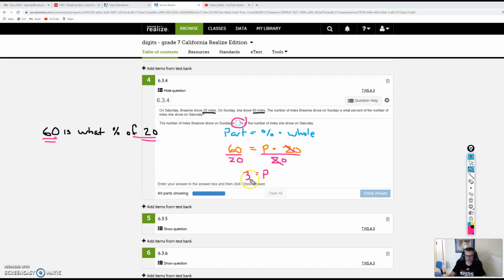They want 3 in a percentage form. So in that case, you just take whatever your answer is, multiply it by 100%. We have 100% 3 times, so that is 300%. And think about why that makes sense. 60 is bigger than 20. So to have a percent greater than 100 makes perfect sense here. And in fact, 60 is exactly 3 times bigger, which is why we're getting this 300%.